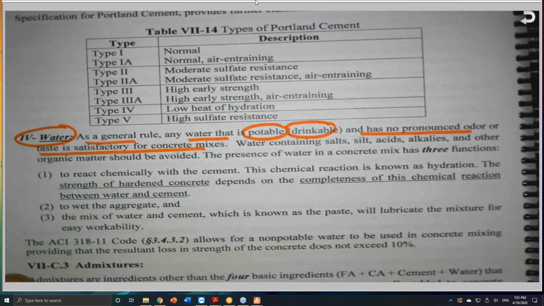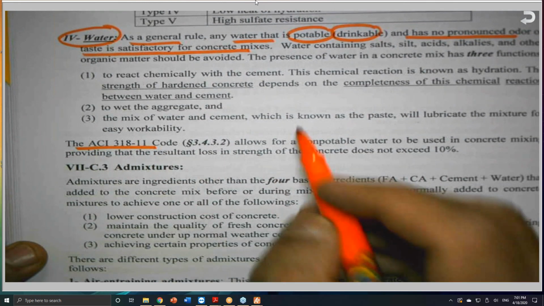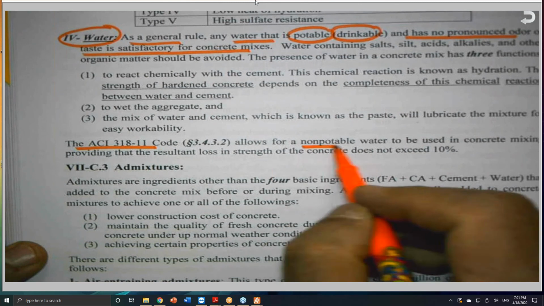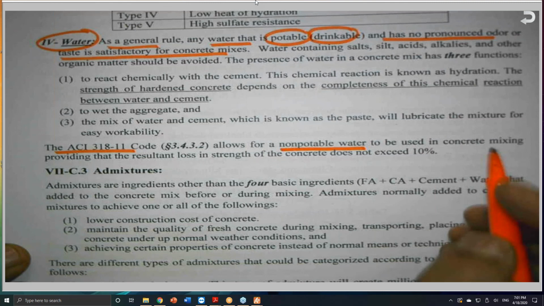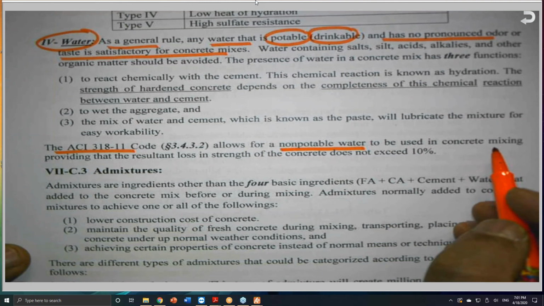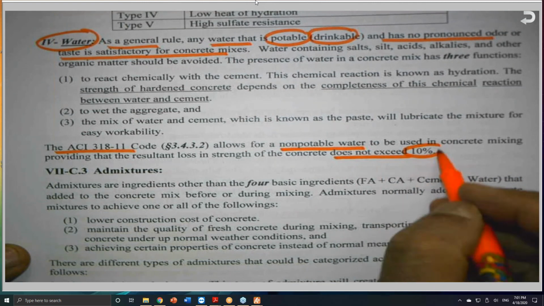However, the ACI code allows us to use non-potable water, but there is a catch: the loss in strength should not exceed 10%.